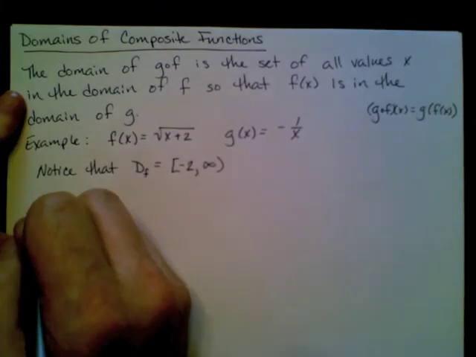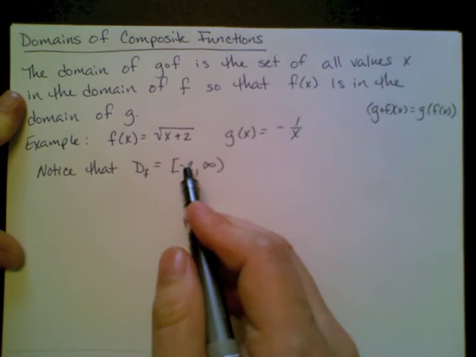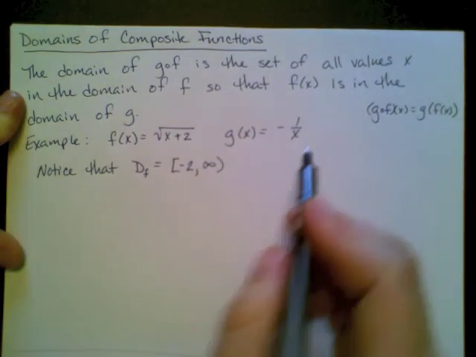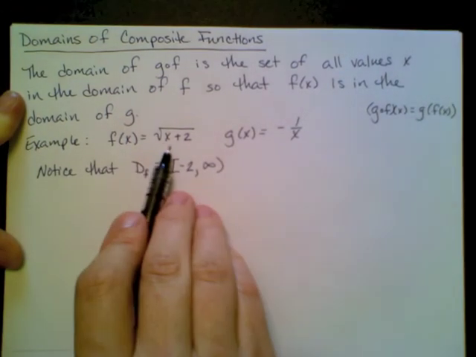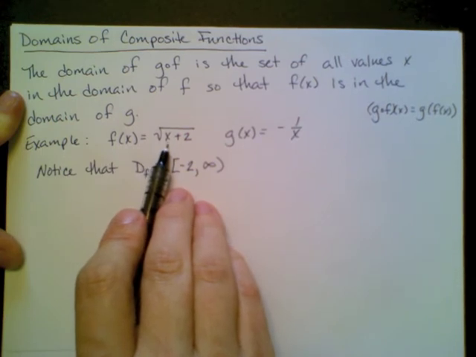And I want to make sure that that doesn't make any problems when we put this into g. So f of x is the square root of x plus 2.